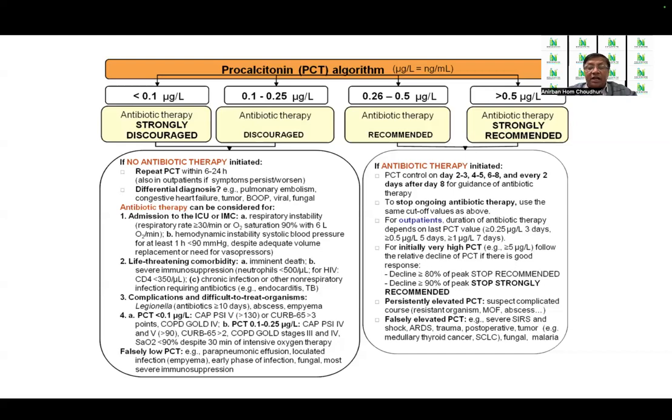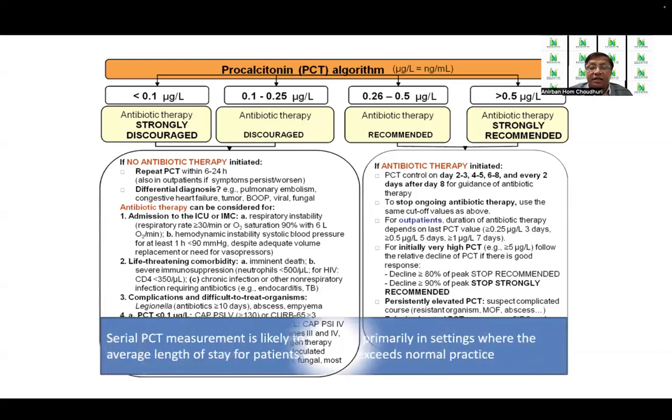So persistently elevated PCT can make one suspect a complicated course like a resistant organism, multi-organ failure, abscesses, etc. Because in abscesses, etc., the antibiotic will not be able to reach the site of its action. And falsely elevated PCT can occur in severe SIRS or shock, ARDS, trauma, postoperative tumor, fungal cases, or malaria. So here also it will be of lesser significance.